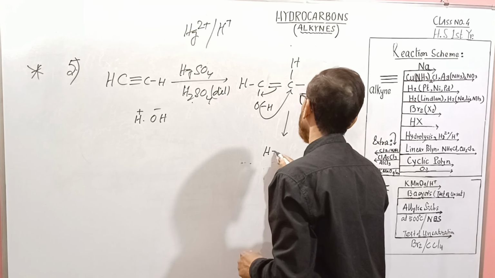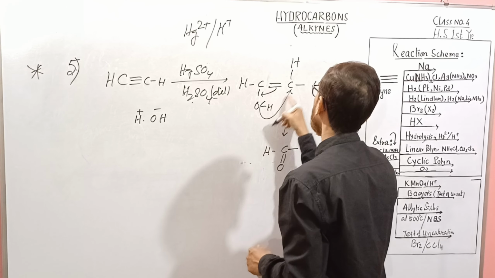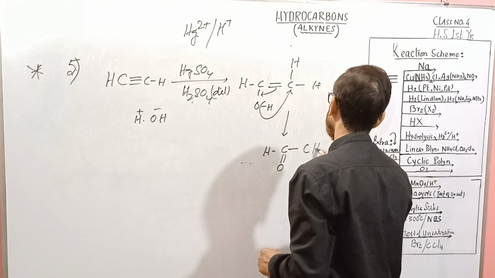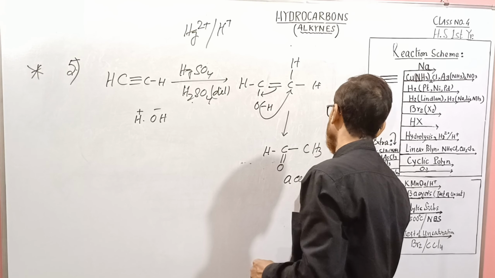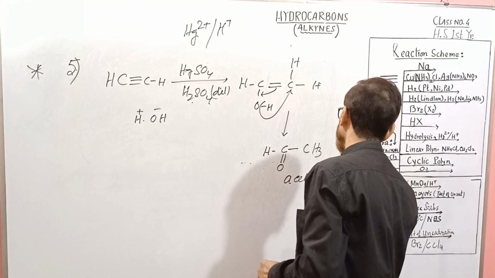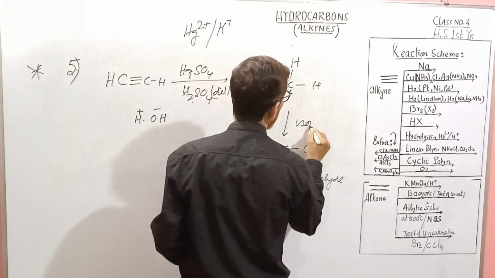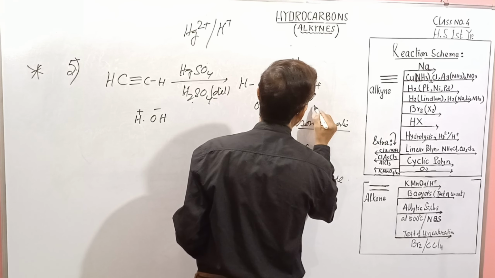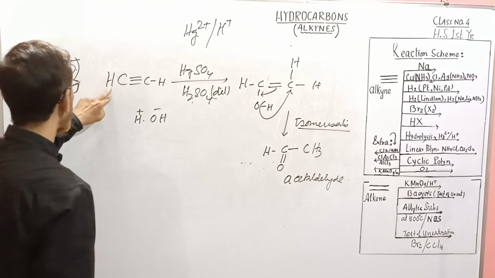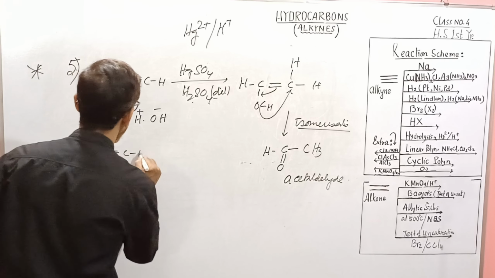So you are getting HC double bond O, hydrogen has gone here, CH3CHO, acetaldehyde. You will never imagine that your answer will be like this. This is called isomerization.